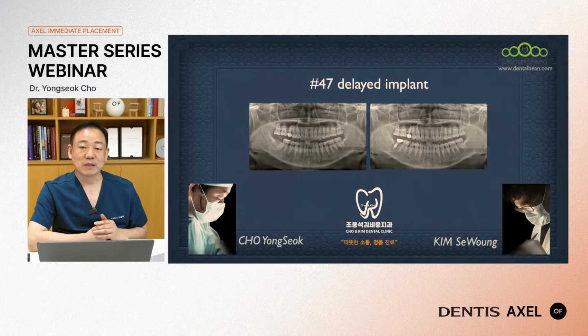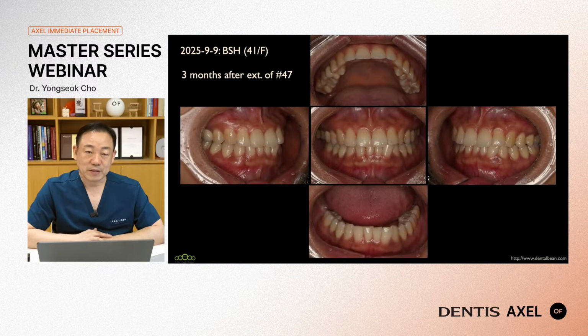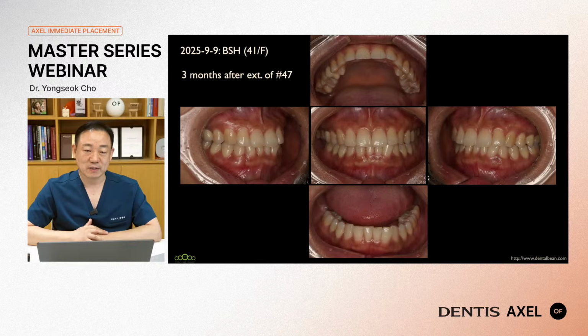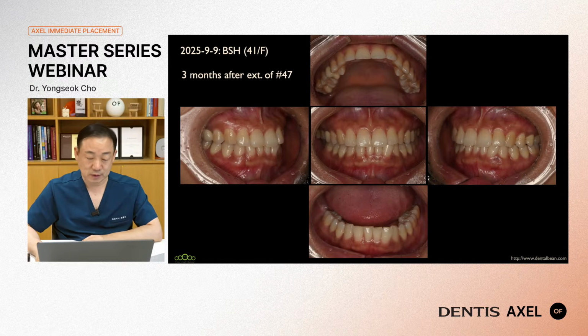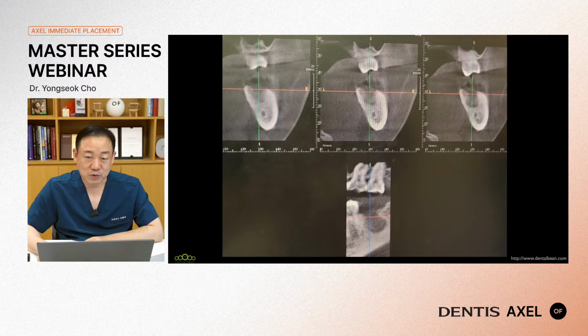Let me show one more delayed implant surgery case. The patient had the right second molar extracted 3 months ago, and the panoramic image looks like this. The teeth were extracted at another clinic, and here is the CT view of this patient.